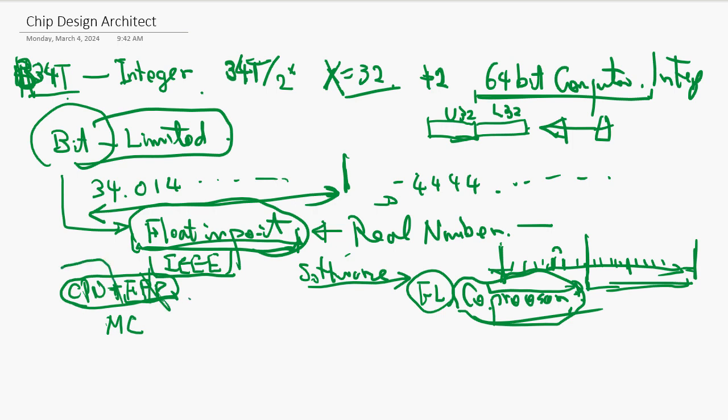So we can cut down this hardware amount, right? But once you go to the general purpose, you have to do large number computation. You cannot do it with integer only. Then you have to have this.